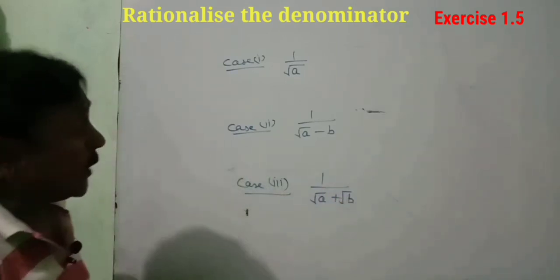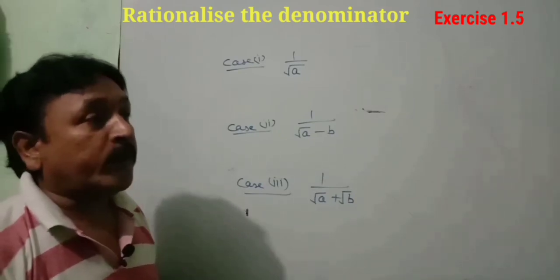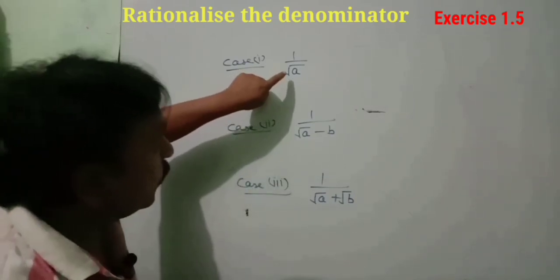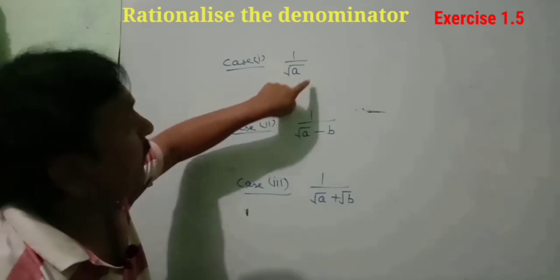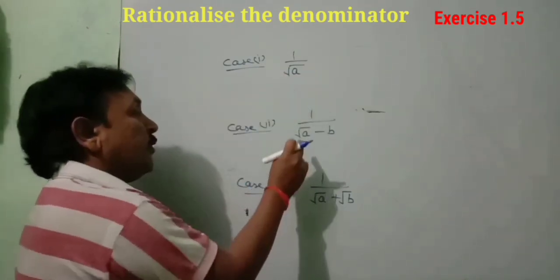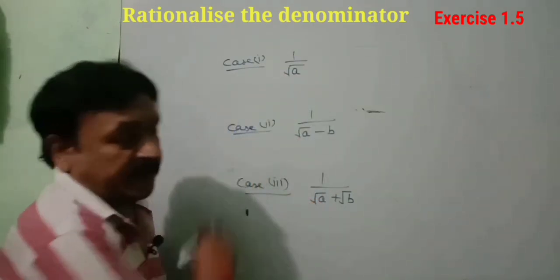So the topic is rationalize the denominator. It means we have to rationalize the denominator part, in this case, in this case, and in this case also.